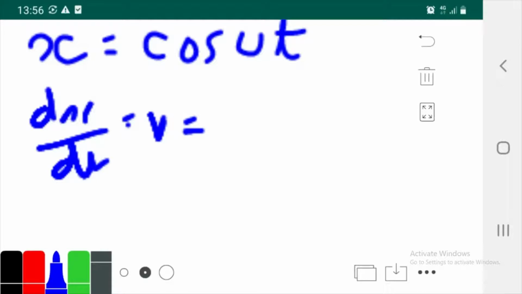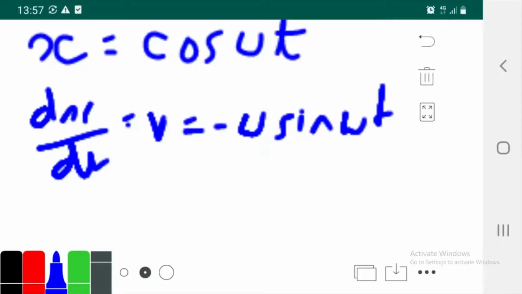What I need to do is differentiate the cosine, and the derivative of cos is minus sine. Using the chain rule, omega pops out to the front, so I'm going to have minus omega sine omega t. That will give me the velocity at any time within the pendulum's action.